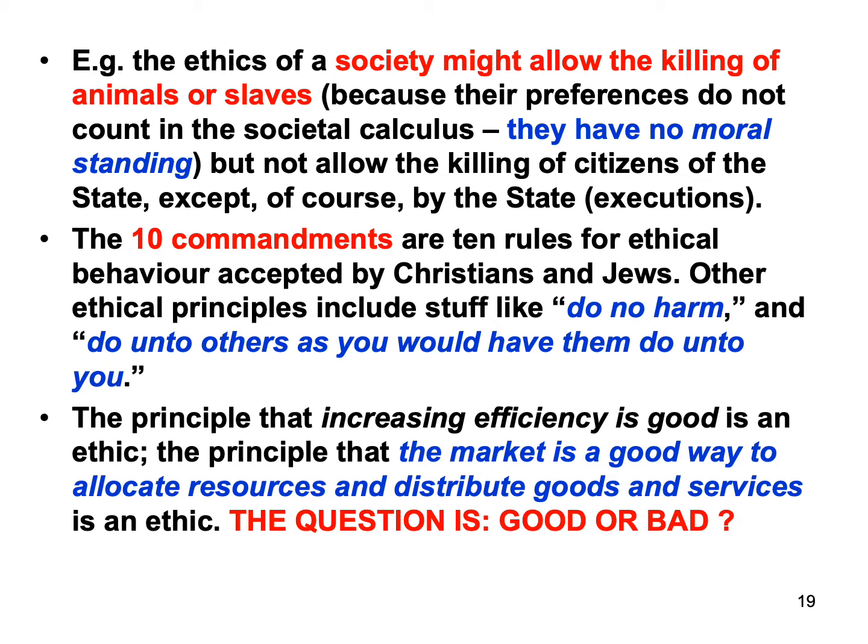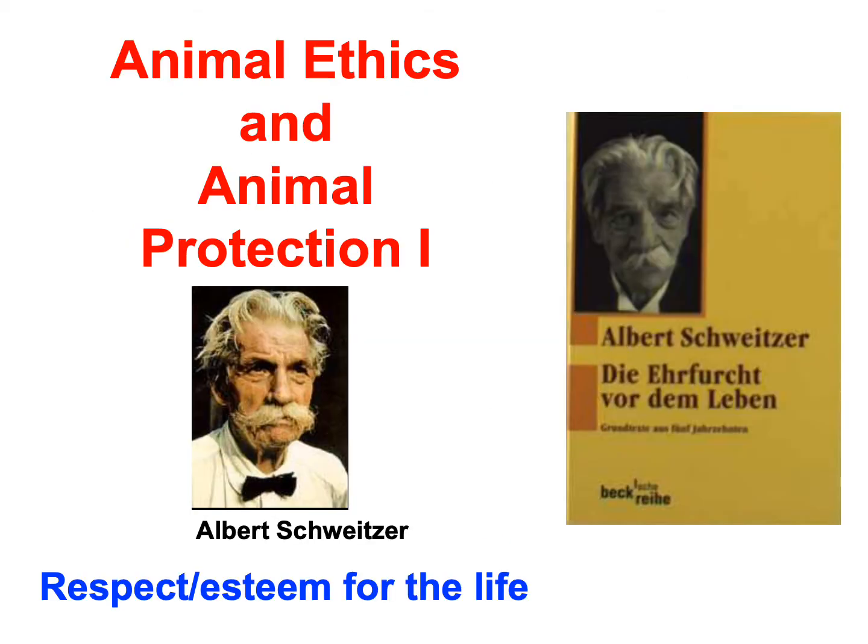The principle that the market is a good way to allocate resources and distribute goods and services is an ethic, the so-called liberal ethic. Not accepted by everybody, but this is also an ethic. The question is whether something is every time good or bad.